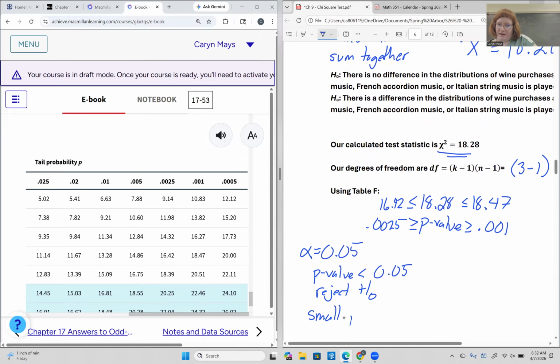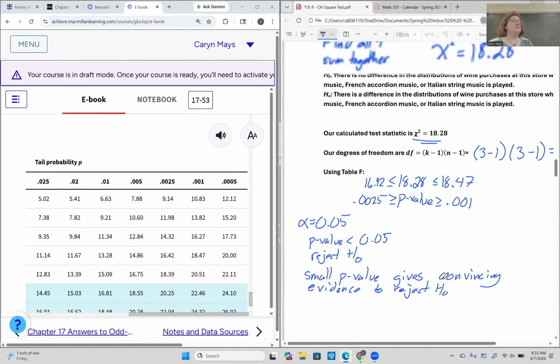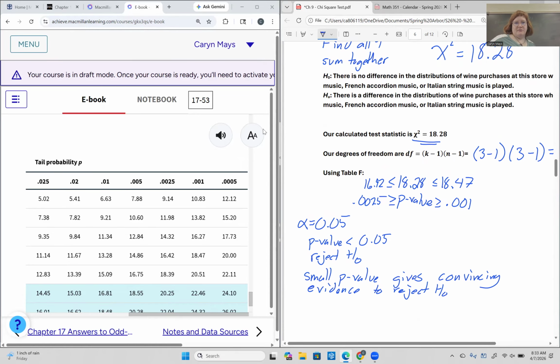A small p-value gives convincing evidence to reject our null hypothesis. So we're done with our table.